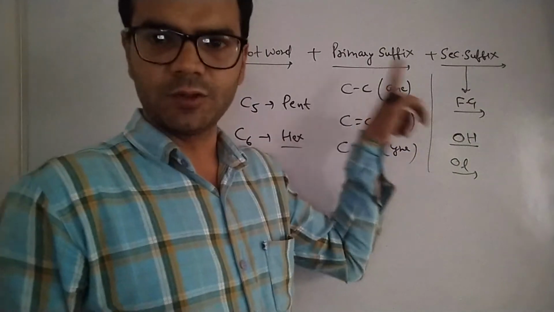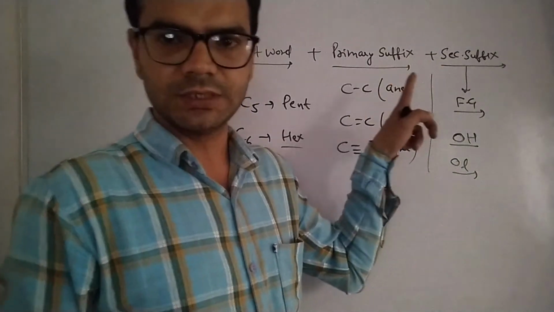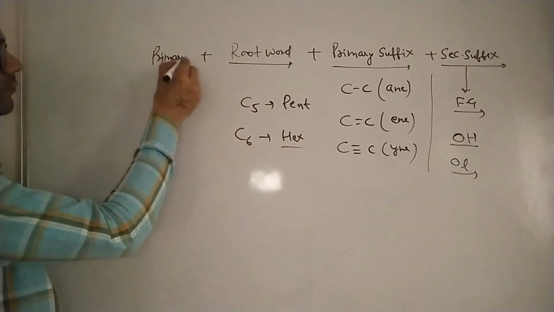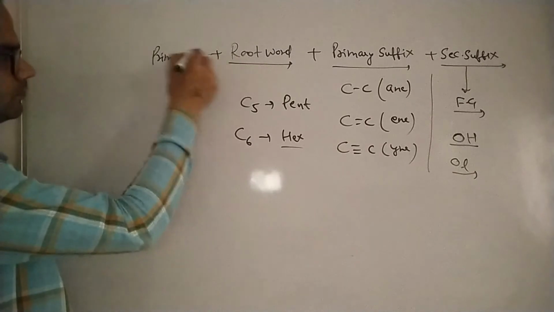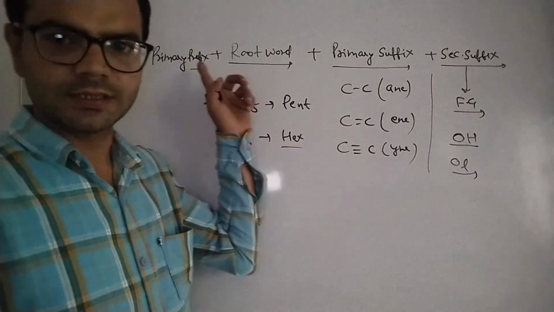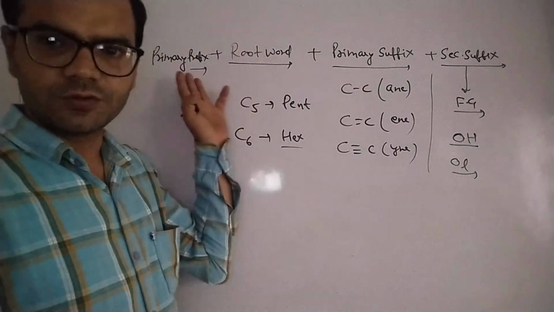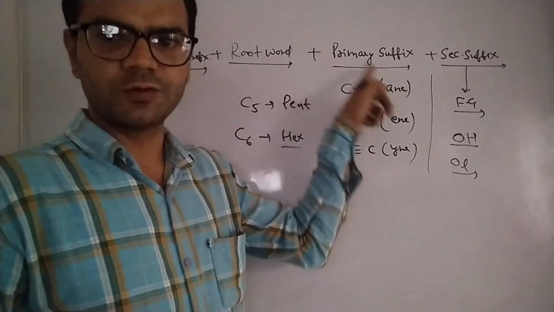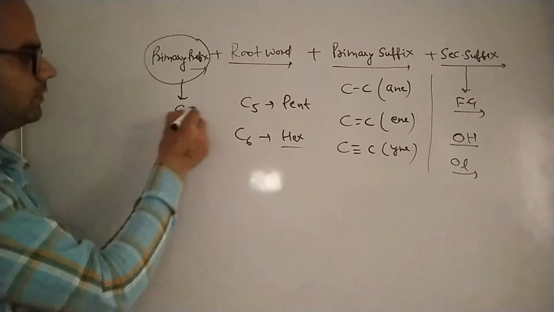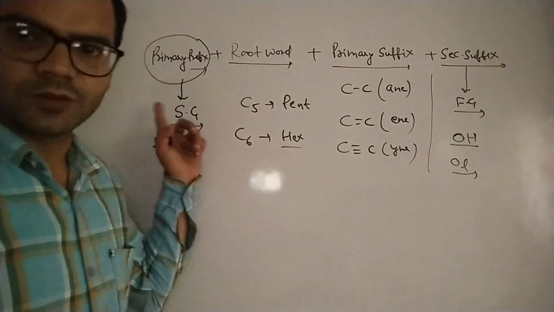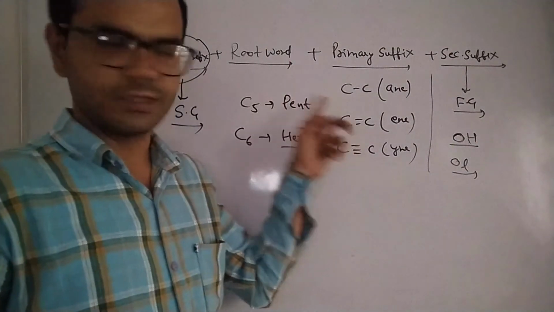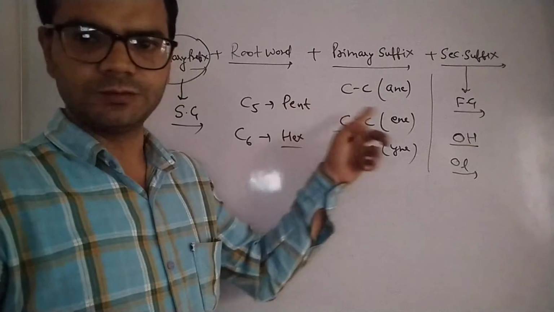And if any substituent group is present, the group which is not included in the carbon chain, that is the primary prefix. A prefix is used before the root word, a suffix is used after the root word, and the primary prefix will be the name of the substituent groups, the groups which are not included in the organic compound chain.